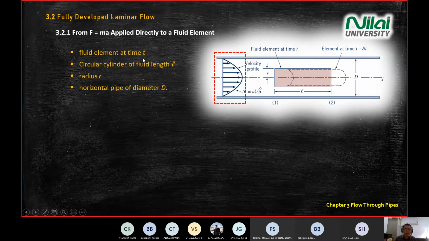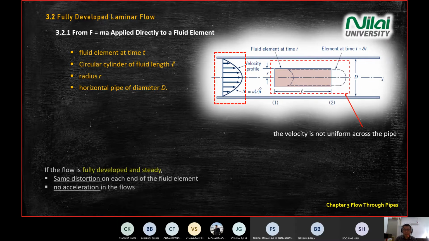We have a few parameters we need to focus on: time, t, and the length of the control volume here, length, and then radius r, again from the center of the pipe, and diameter D. We try to define this velocity profile using T, L, R, and D, which is the equation we try to do in question 12, the equation that you see in your tutorial. So it's a very lengthy process.